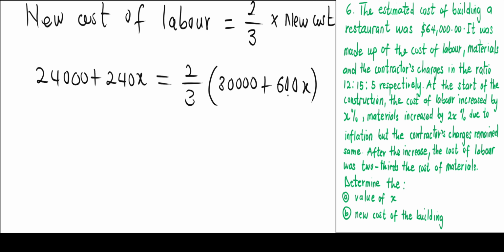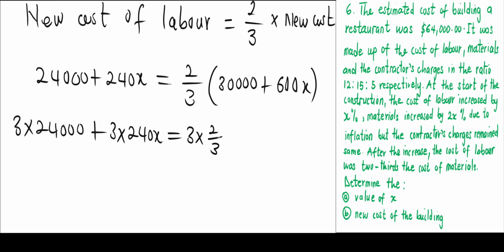So we multiply through by 3. We are going to get 3 times 24,000 plus 3 times 240x, that equal to 3 times two-thirds of 30,000 plus 600x.